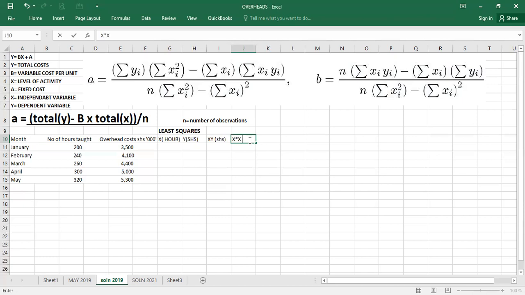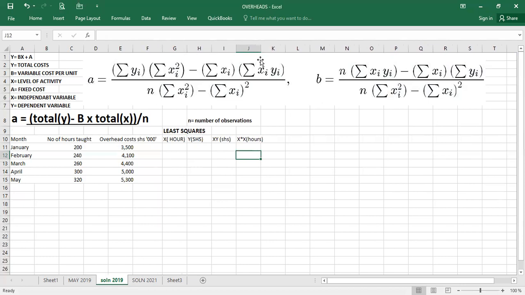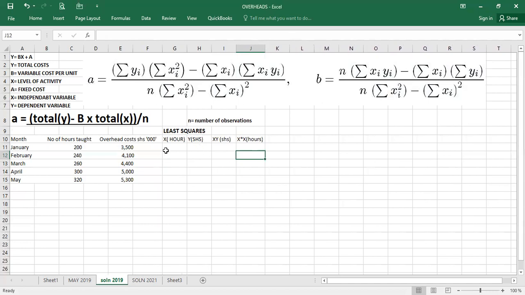But we say these ones are in hours. So we can proceed. We need all of this.